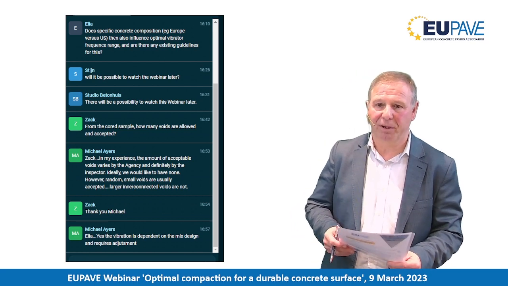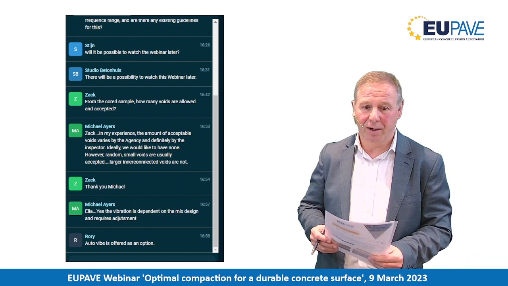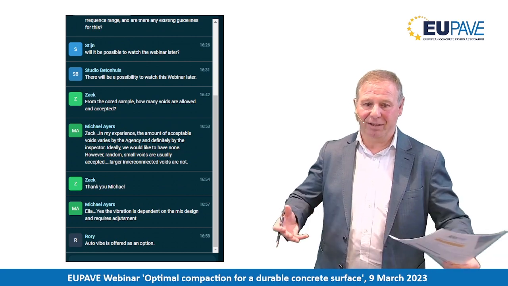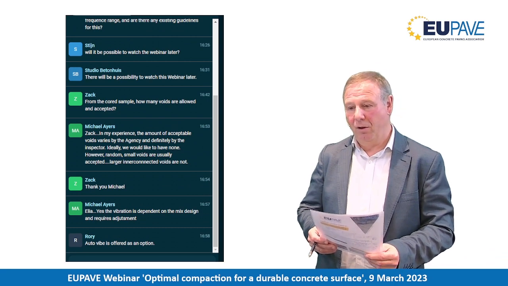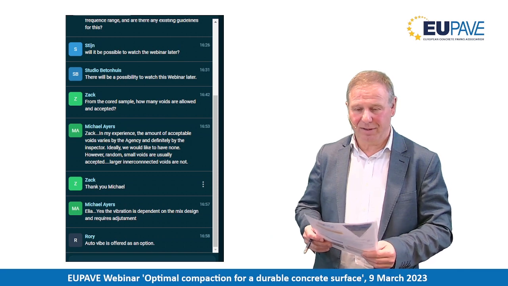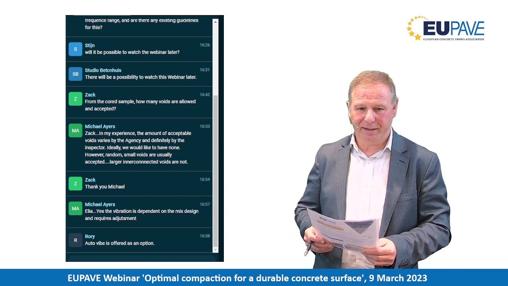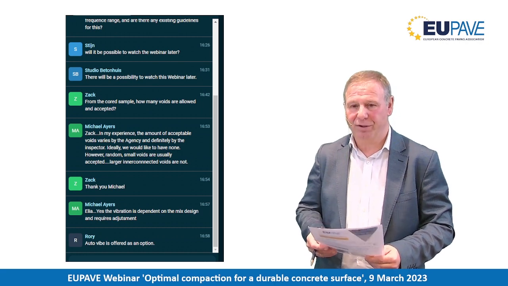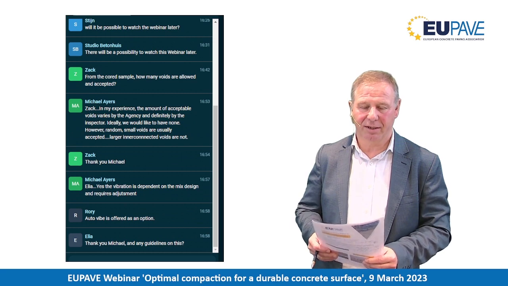Indeed, and so Mike replies to Elia that indeed, if there are differences in concrete mixes, then vibration is dependent on that mix design and requires some adjustment. While Rory says that the Auto-Vib is offered as an option, yeah, that's also what I was thinking. But it's a good option, I believe, because it gives some possibilities to monitor.